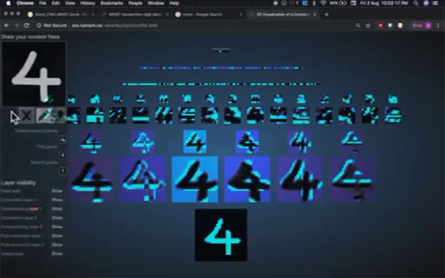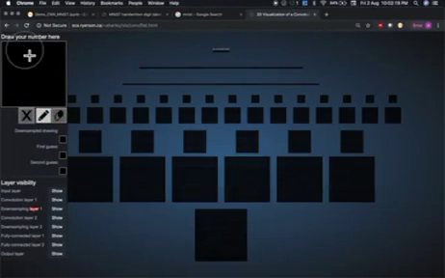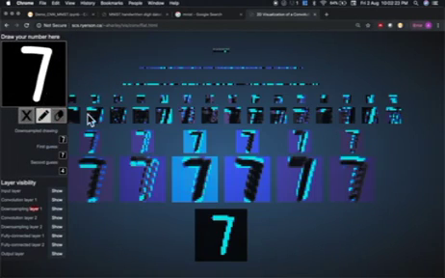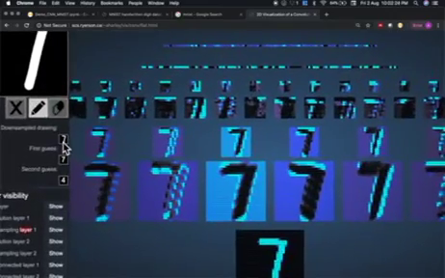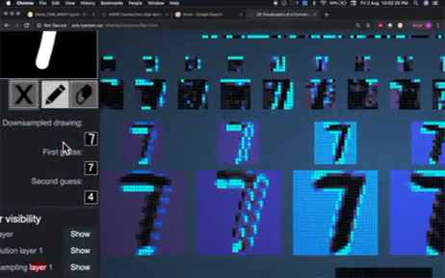So let's try another number called 7. As you can see here, friends, these computer vision algorithms are able to guess what it is. The input is 7, and it has come up with 2 guesses. First guess is 7 and second guess is 4.